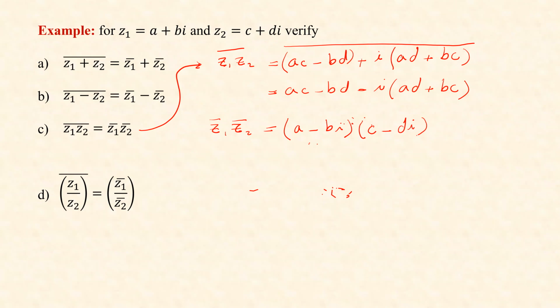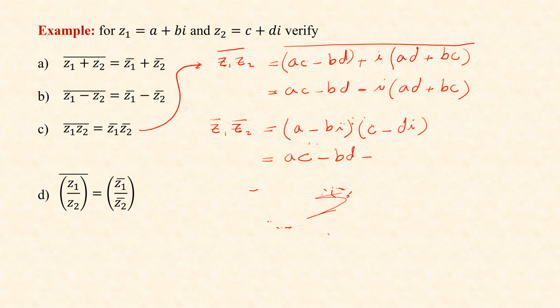And then if you multiply these two, you get AC minus BD, because it's minus and minus, and then I times I becomes negative BD.